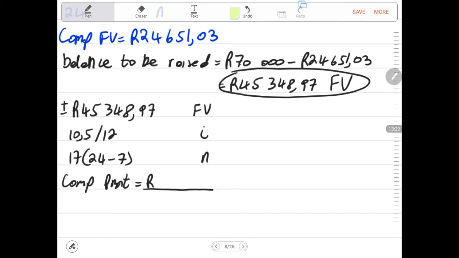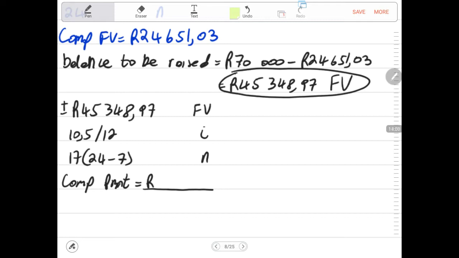Then again we go to our manual calculator, second function alpha 00 to clear the memory, plus minus 45,348.97 is what we need in the future, and 10.5% is the interest that we are going to earn, divided by 12. 17 is the number of months the interest will be earned.